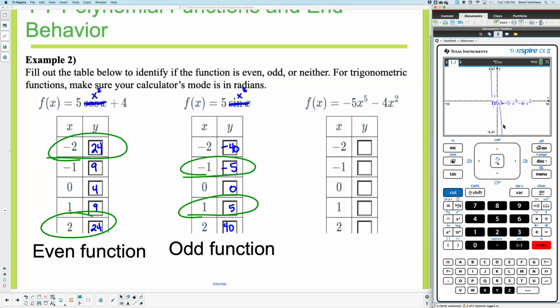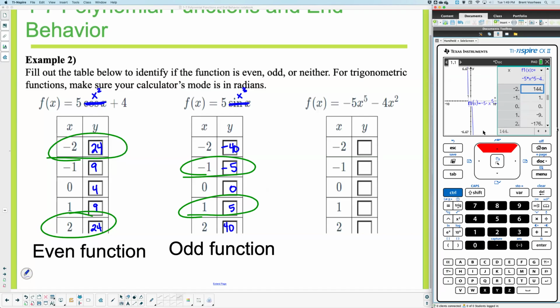Hit Enter, and then again Control T. All right, I'm getting y values. Are you getting the same as me? 144 when x is -2? Then at -1, 1; at 0, 0; at 1, -9; and at 2, -176.